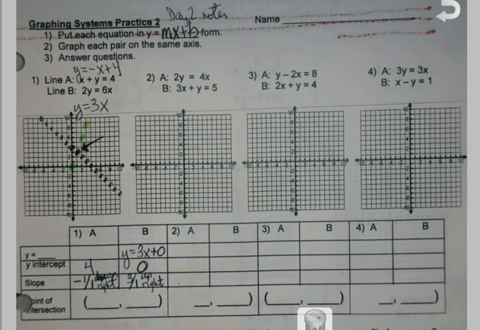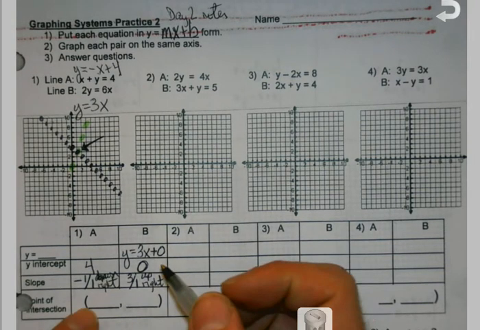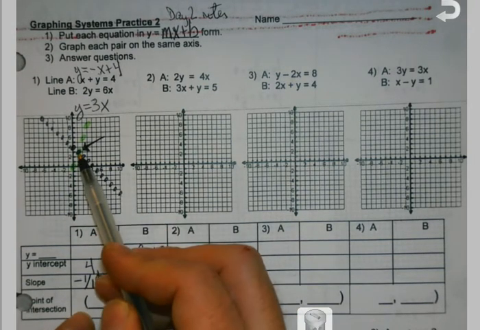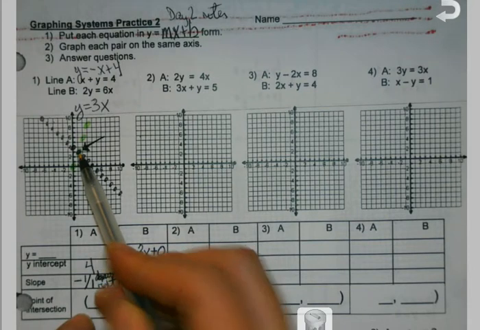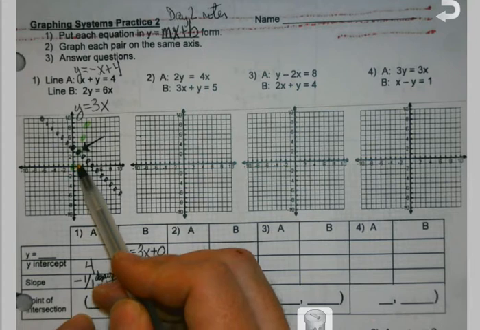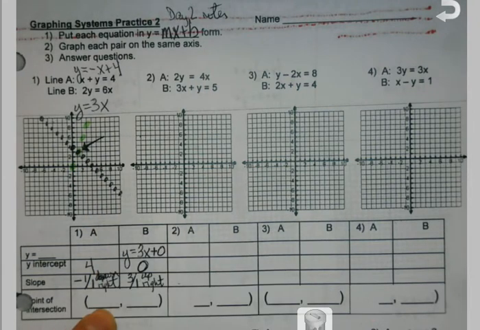So I'm like, okay, so where's the point of intersection at? Well, let's see. What point is that? I go right 1 and up 3. How would I write that as my point?